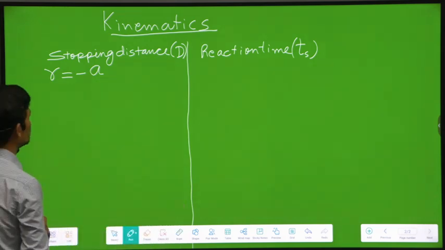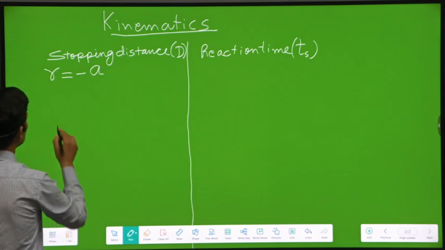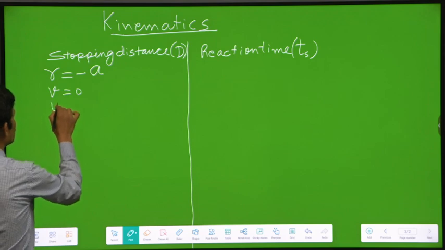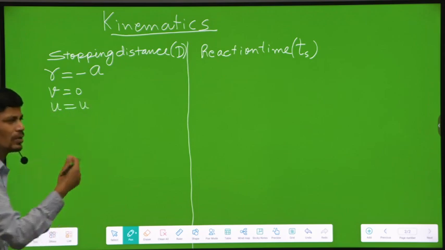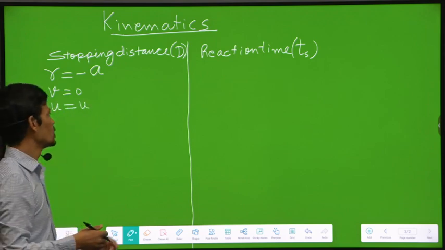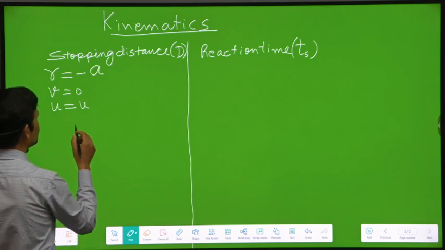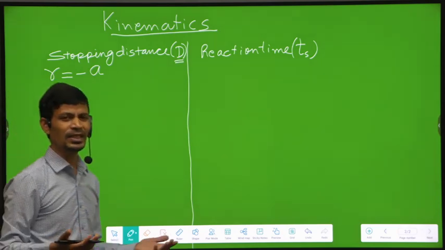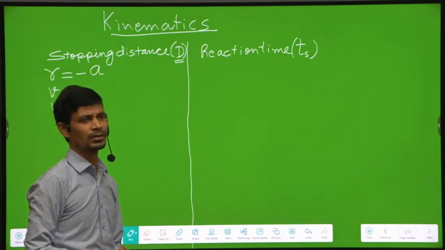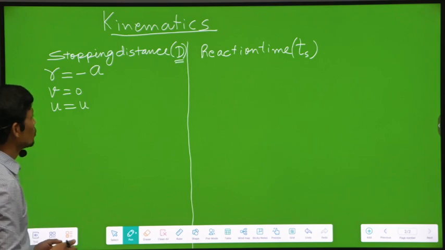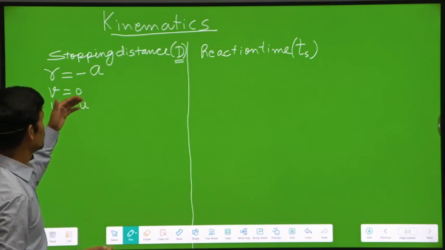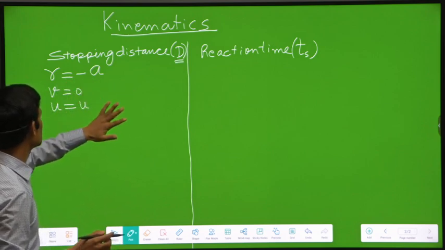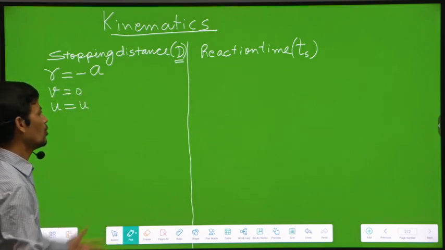Then there is final velocity 0 which we want, and initial velocity u. Then stopping distance, I'm indicating it with capital D, whatever symbol you use, so that you can understand that this is stopping distance and not an ordinary distance.